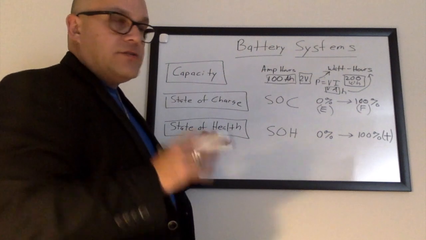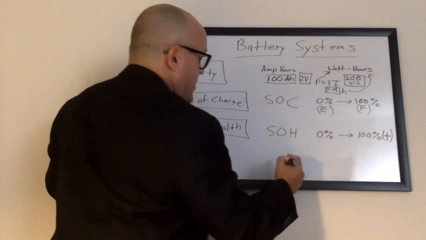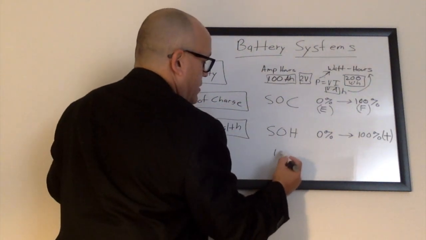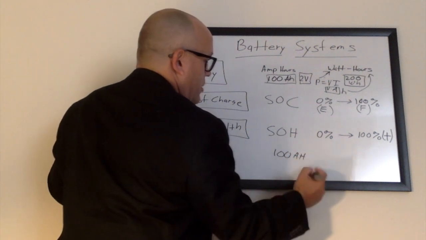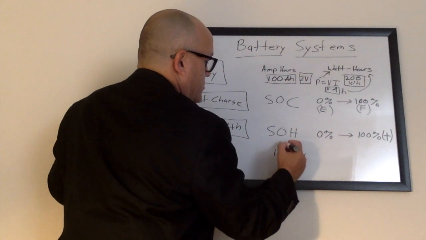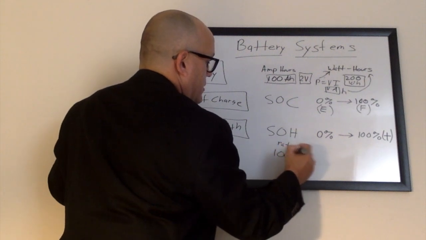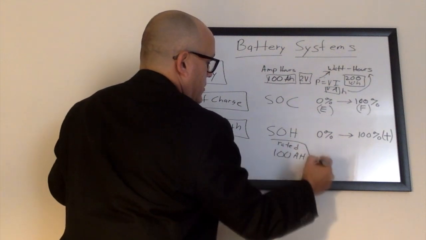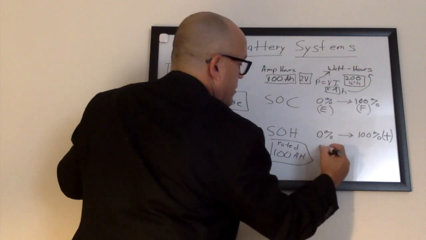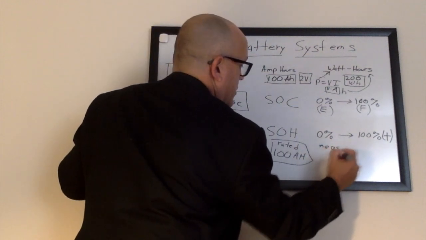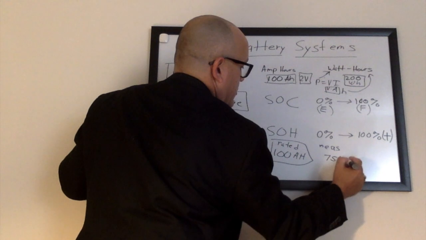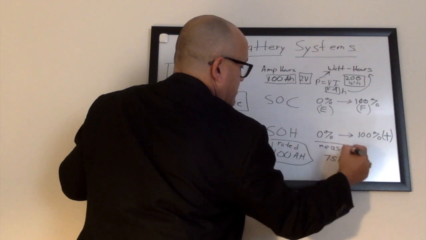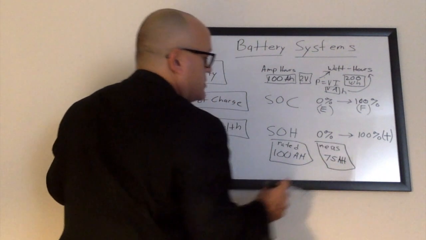Let's say we have a nominal capacity of a battery of 100 amp hours, let's say this is rated, and we measure, say, 75 amp hours. We perform a test, and it's only 75 amp hours.